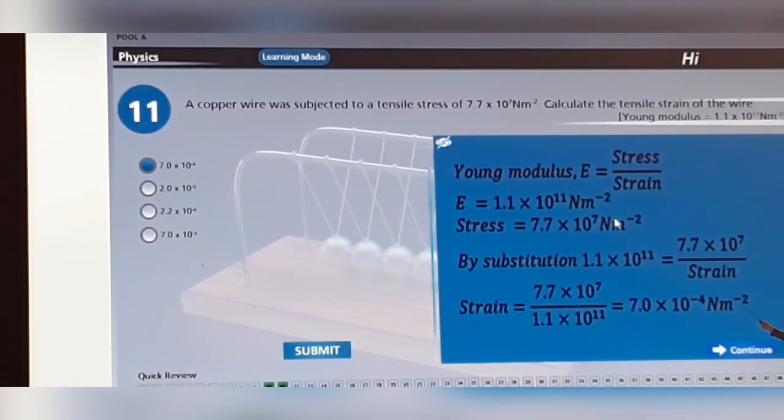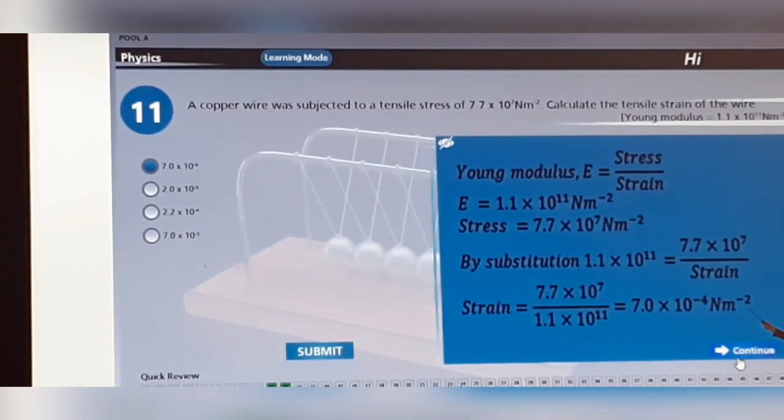Alright, so make strain the subject of the formula. By substitution, the Young modulus is equal to this. You cross multiply and solve for it. You are going to get this as your answer.